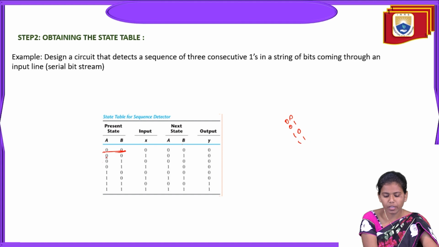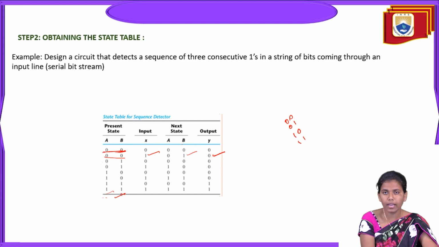And if the present state is A and B with input 1, my output is 0 for the next state 1. When my next state is 1, my output is going to be 0. The last one, if you observe, my present states A and B are 1, 1.